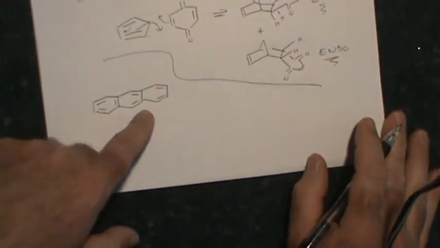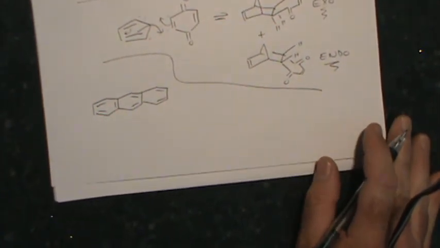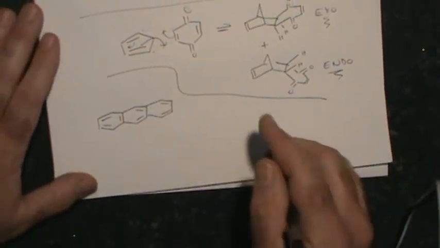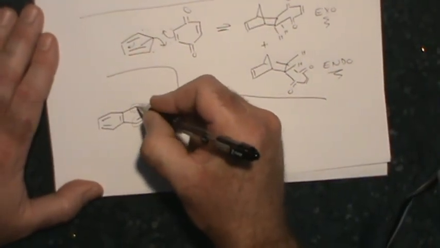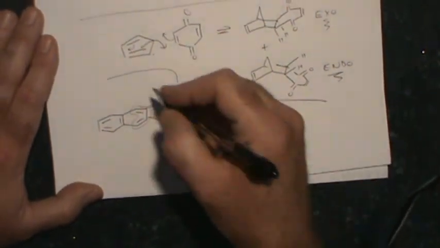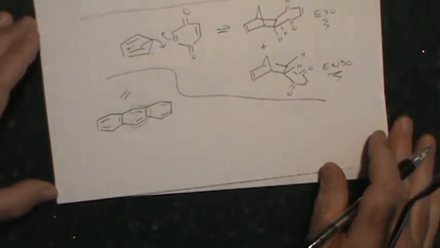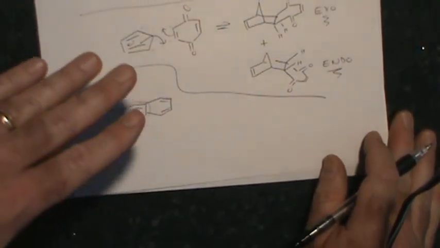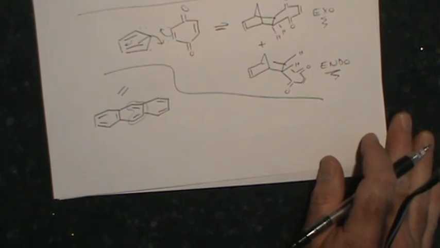This molecule is actually known, so we've got 3 benzene rings fused together, and this molecule is known as anthracene. And it's going to turn out that this part of the molecule, you can see the conjugated diene nature of it, this part of the molecule can react with a dienophile. Now I'm going to keep it simple and just use an ethylene dienophile, but I've got to draw it up above so I can show how it will react.